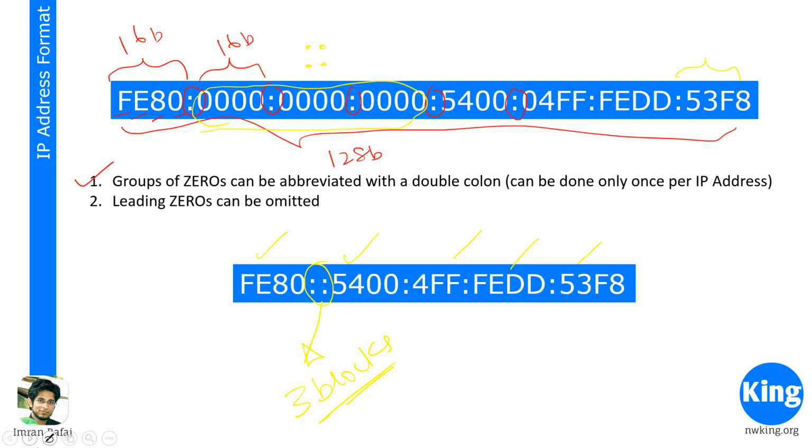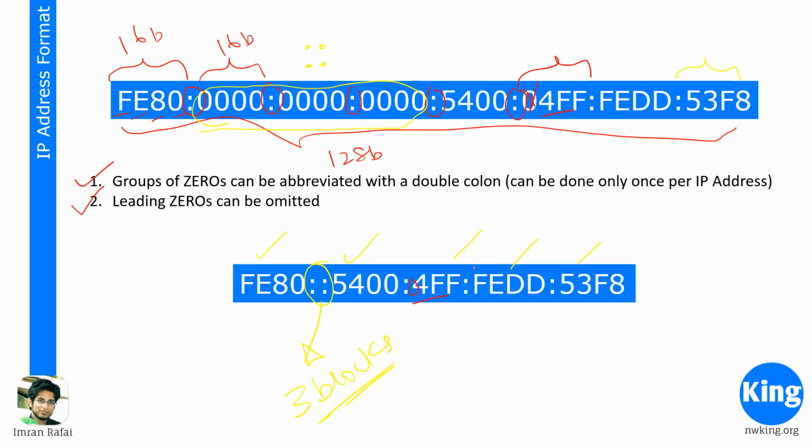Now what's rule number 2? Rule number 2 says you can drop leading zeros, right? For instance, this number 04FF, the leading 0 can be dropped. So you can write just 4FF. That's what is here: 4FF, nothing but 04FF, right?